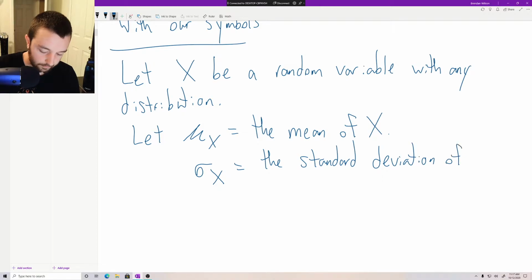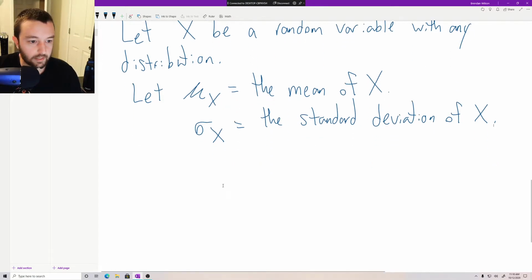So we're just using mu and sigma still. The subscript x is just because sometimes we have more than one in one problem, like maybe we're talking about two different random variables, x and y. So we'll use mu subscript x to be the mean of x and mu subscript y to be the mean of y. So that's all the subscript means here.